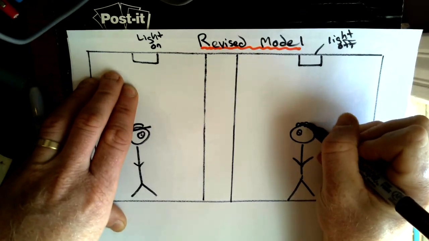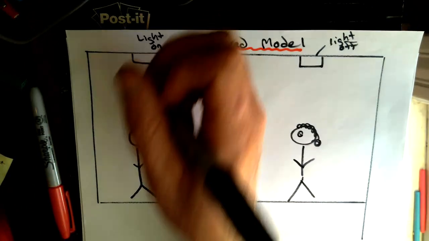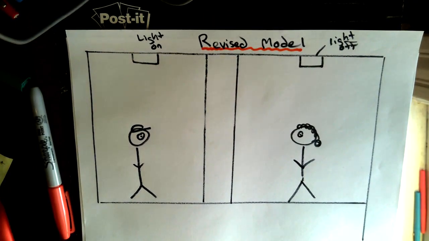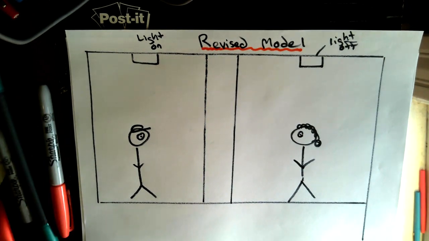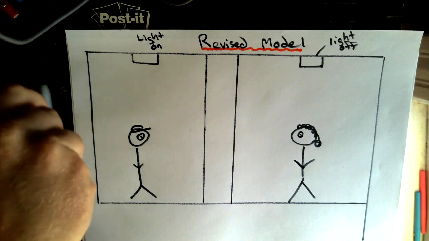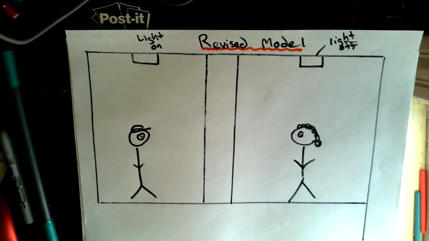And we include the eyeballs because we learned that in order for us to see something, light has to travel from a source, in this case, our light. Just make this a yellow source.